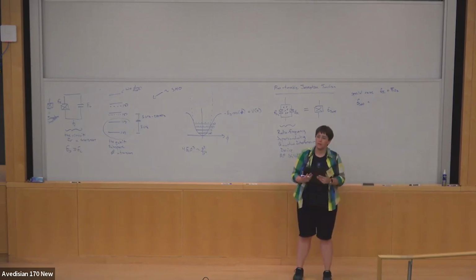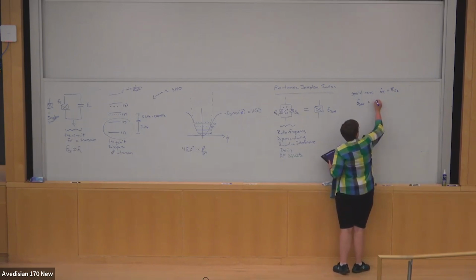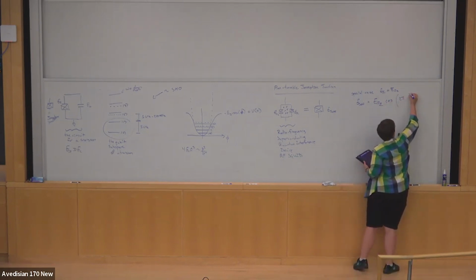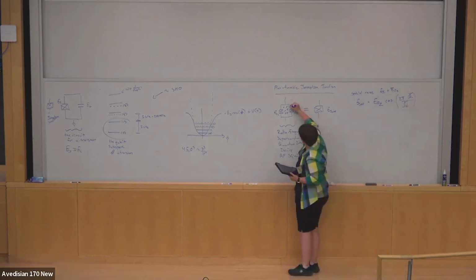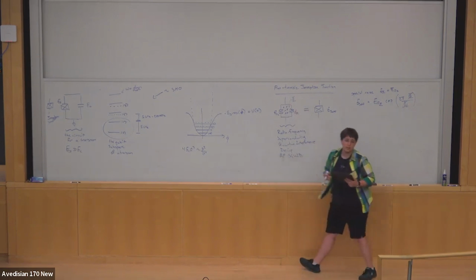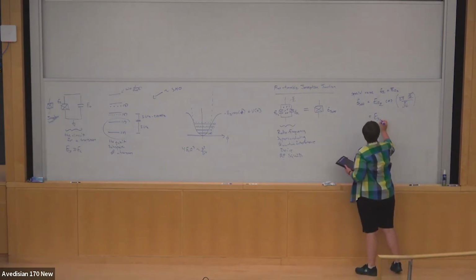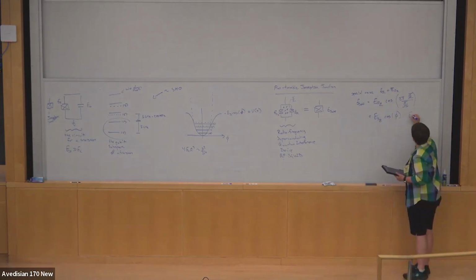It's just EJ sum cosine of 2 pi phi over phi naught, where phi is the flux through here, and phi naught is the flux quantum, which is just EJ sum cosine of the little phi that we did before.